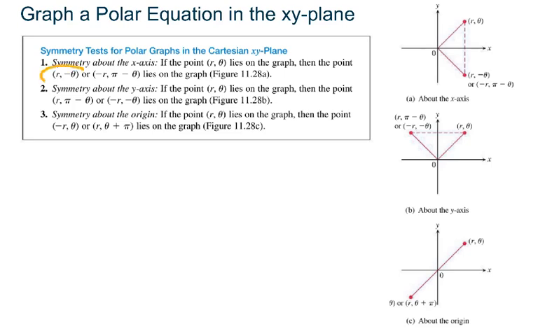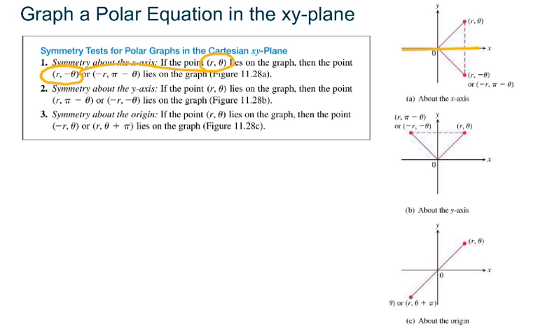If you are testing r's and thetas, and you can change the theta to negative and it would still give you the same equation that you originally started with, that would tell you that you have symmetry across the x-axis. Okay, so you could fold it across.